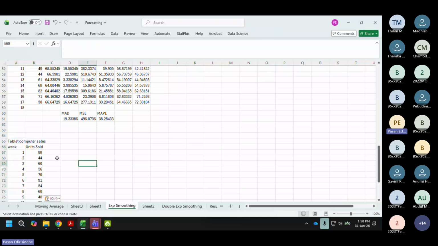So I can take the number of that and alpha equal 1, right?